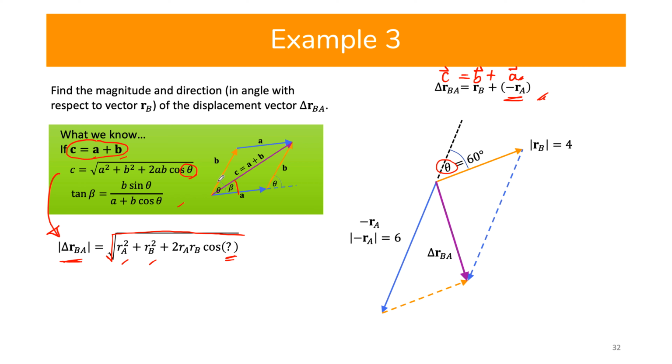If you inspect this parallelogram carefully, this theta is within the cone that is made by the arrowheads. B's head and A's head make a cone, and theta is within the angle between the heads. What you have here is this one.